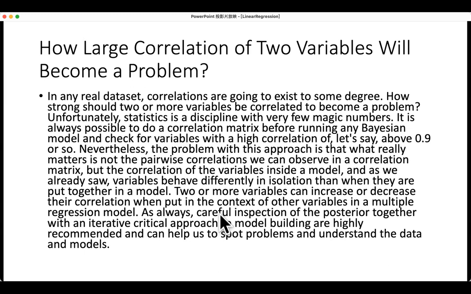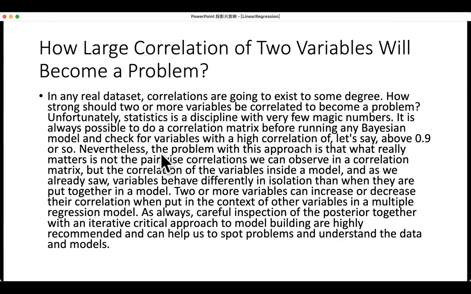Basically, if two variables have very high correlation, for example 0.9, then it's always a problem.